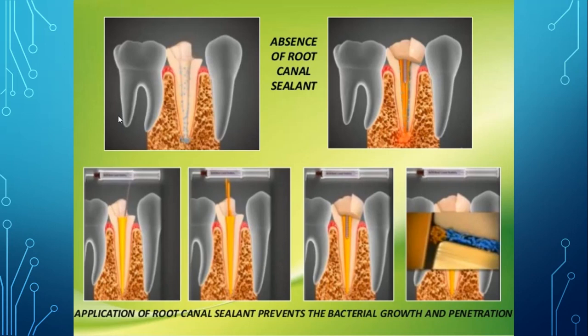This diagram is showing what can happen if we do not use sealer and what the advantages of sealer can be. In the top picture you can see that if we do not use sealer, there will be a micro space between the root canal wall and core filling materials.